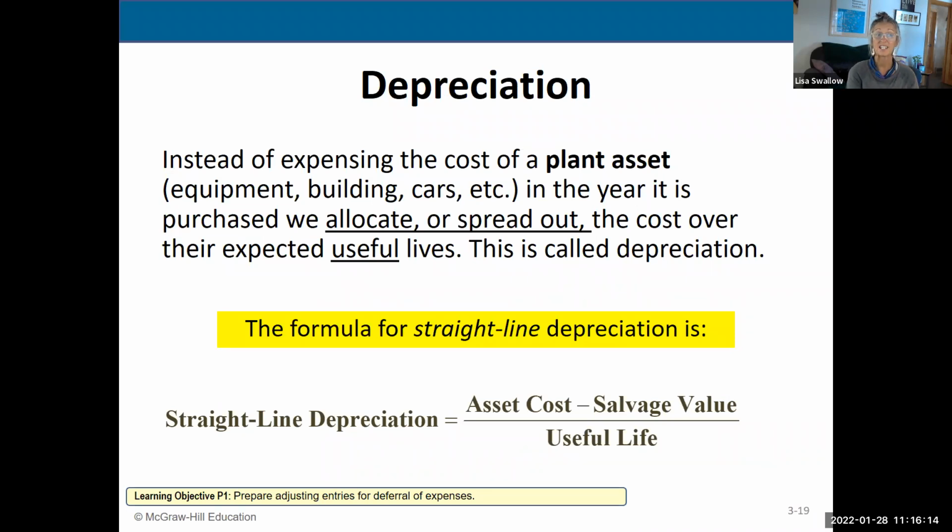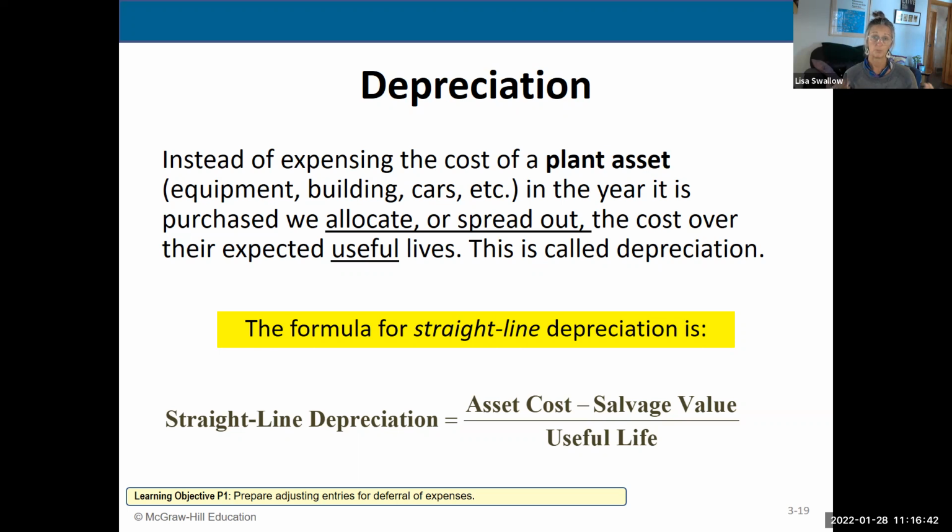Okay, this is another type of deferred expense, and it's a really, really special kind. It's called depreciation. Now, when you buy a fixed asset, also known as a plant asset, this can be a building, it can be computer equipment, it can be equipment you use in your manufacturing plant, your vehicles, anything like that.